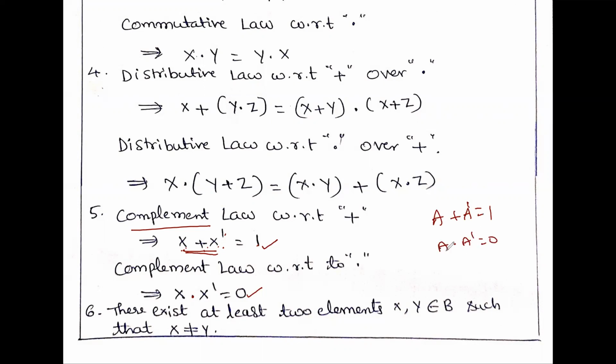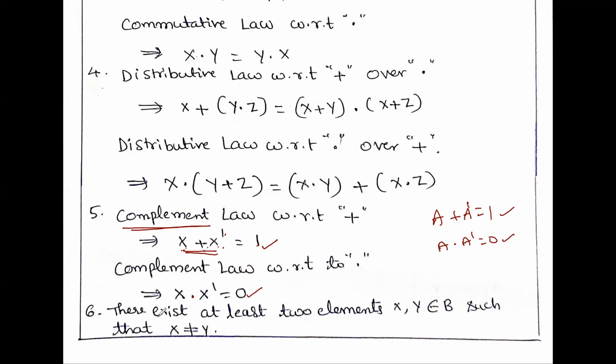We can use any variable, it doesn't matter. The only thing that matters is that if the normal form of the variable is ORed with the complemented value, it becomes 1. If it is ANDed with the complemented value, it becomes 0. This is about the complement law.